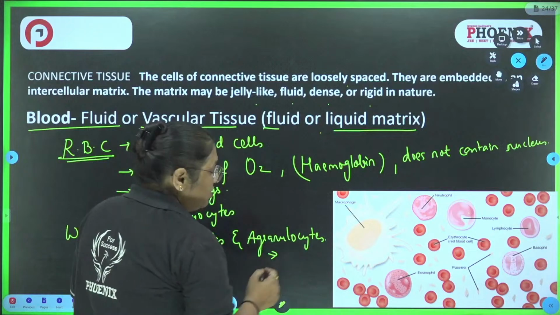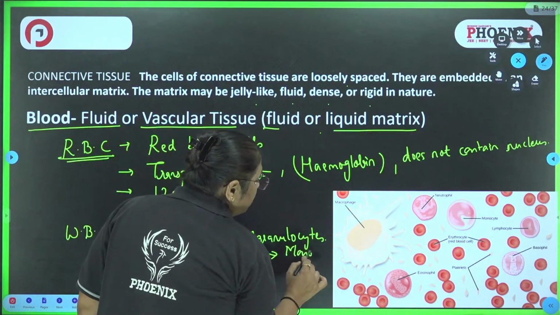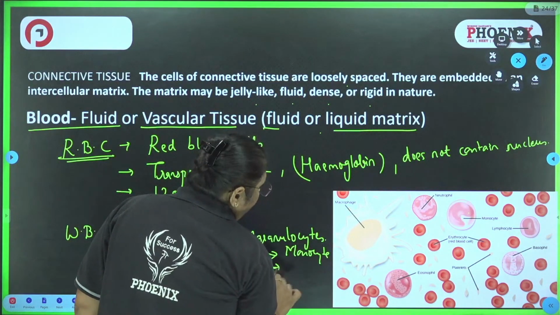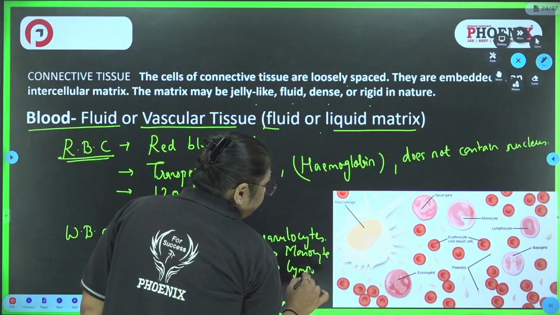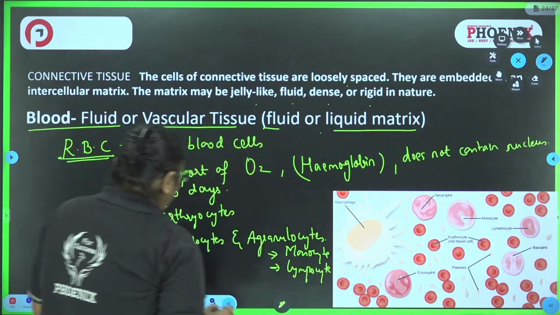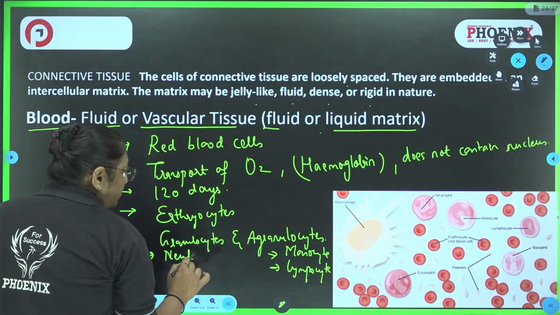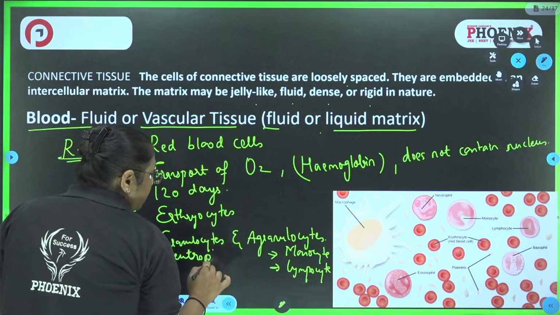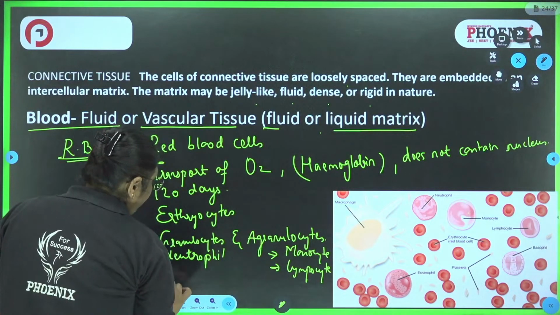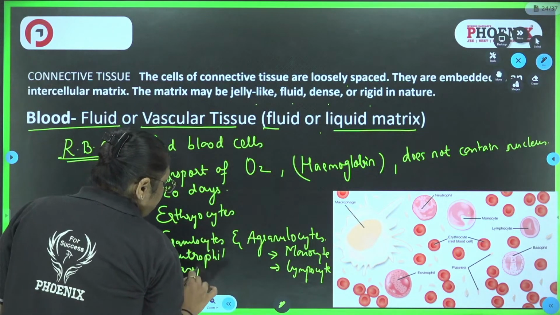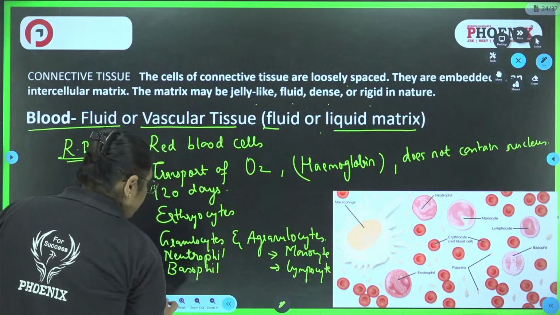The agranulocytes are monocyte and lymphocyte. The granulocytes are neutrophil, basophil and eosinophil.